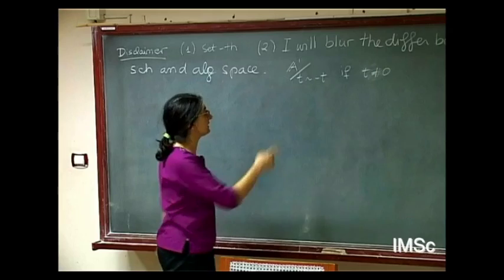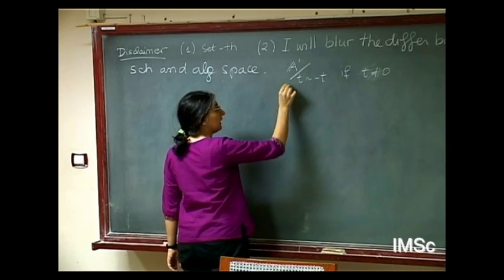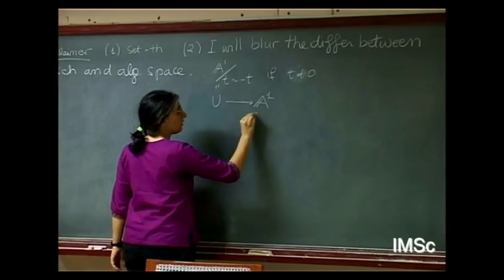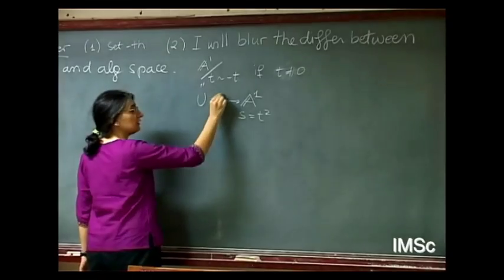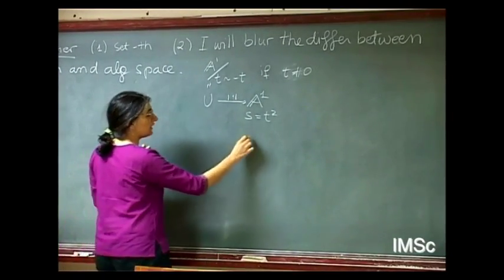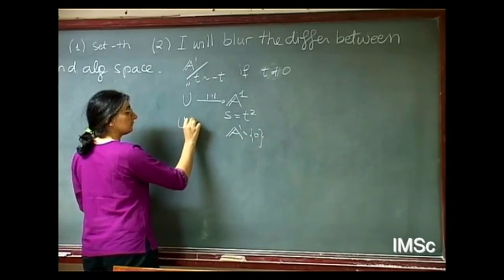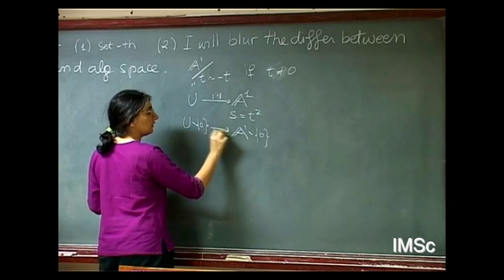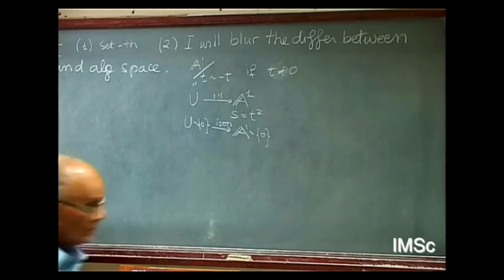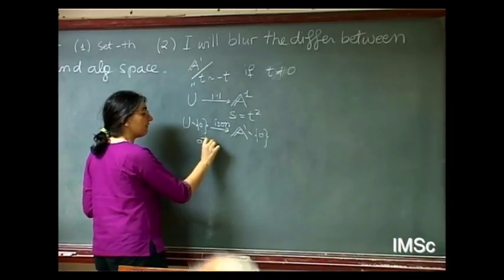But the point is that as a set, this quotient, let me call this u, of course has a map to A1 with coordinate s, which is equal to t squared, which is 1 to 1. But this is only an isomorphism away from 0, because after all if t is non-zero you are just taking the quotient, but at 0 this is ramified.